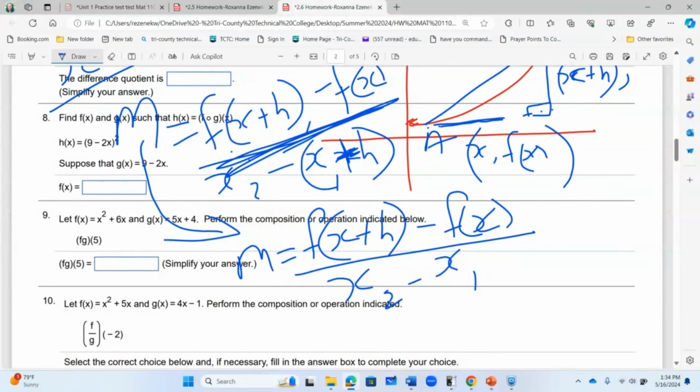So we will take away x1, let's call them just x. All right, so this one is x plus h.